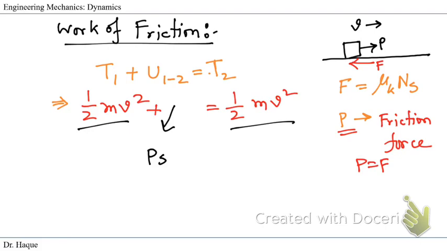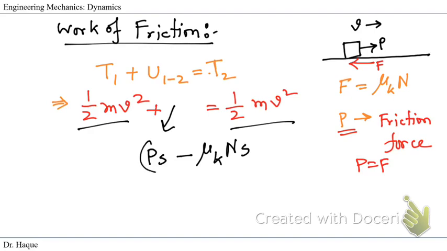If P is in the positive direction and friction is in the negative direction, the friction work would be the coefficient of kinetic friction multiplied by the normal force N, and the distance traveled is S. So let's do a correction here. We can just call the normal force N only, so that it will not conflict with this.